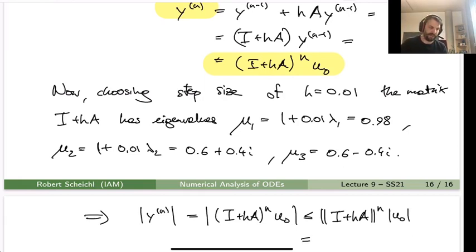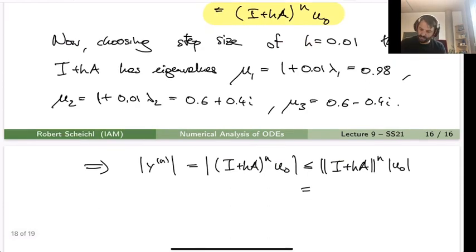You can actually figure out what this norm is, and it's essentially 0.98 to the n, and the norm of u naught is square root of 2.